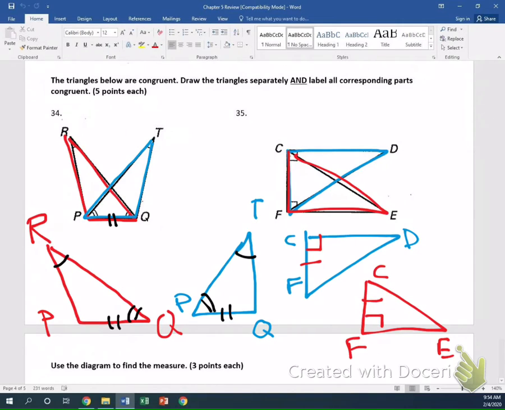And like I said, if you want to go to town and mark all the rest of them congruent too, you can. But as long as you focus on the ones that were either A, overlapping in the beginning, or B, already marked congruent, you should be good.